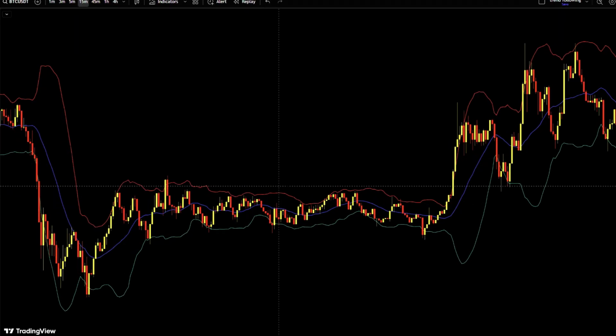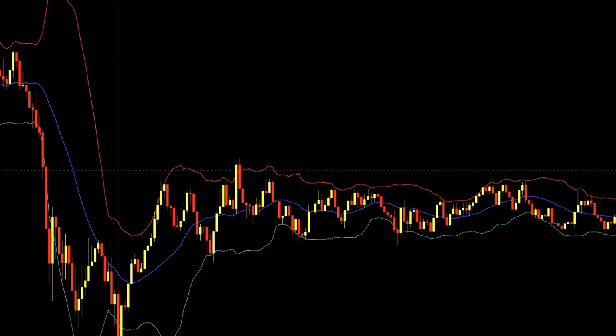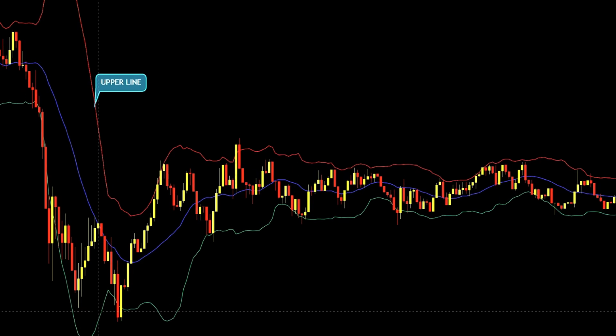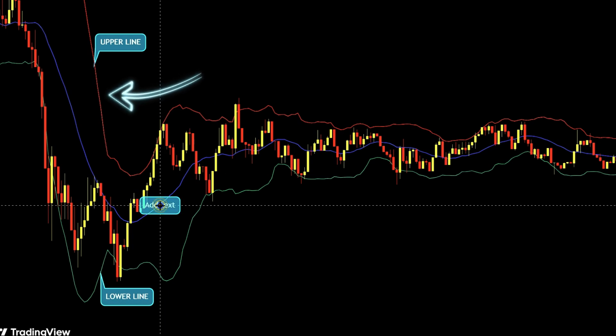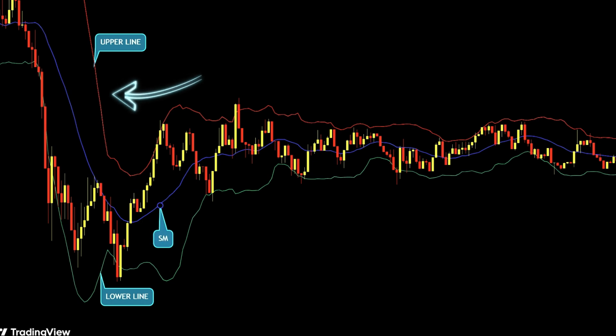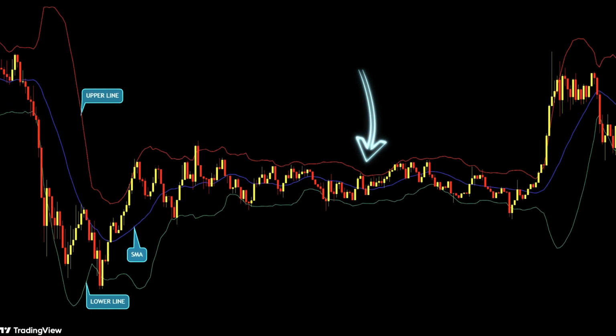So what is this thing? Honestly, all it is, is a way to see how wild or how calm the market is. Just think of it like a river. The line in the middle is the main current, the average price, and these lines on the outside, these are the river banks. You see right here, when the market gets really choppy and moves around a lot, the banks get wider. And then when things get quiet and calm, like over here, the banks squeeze in tight.